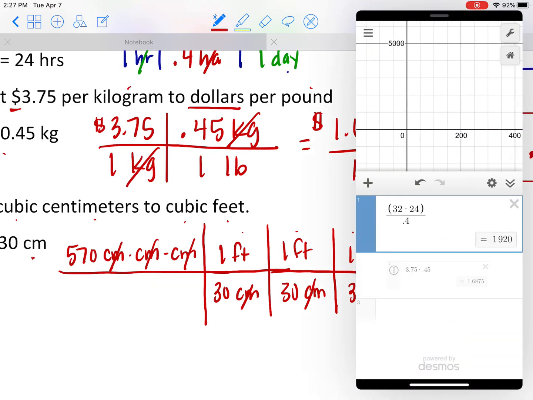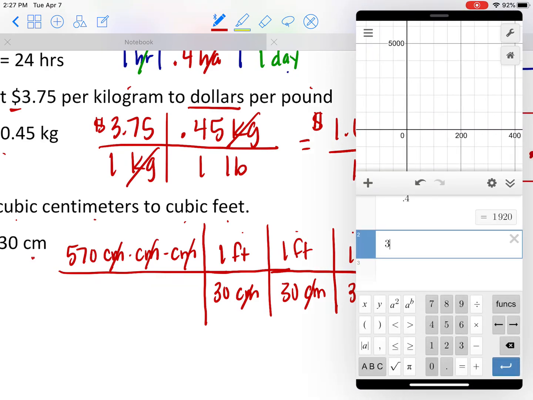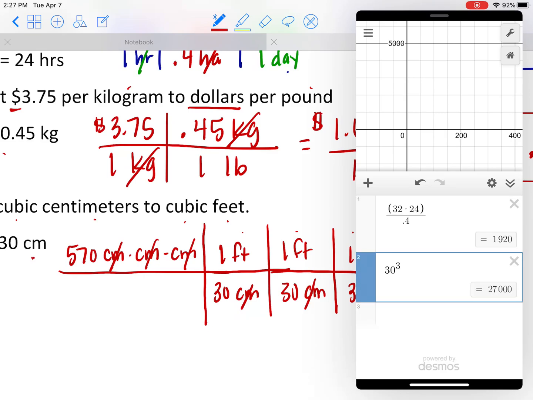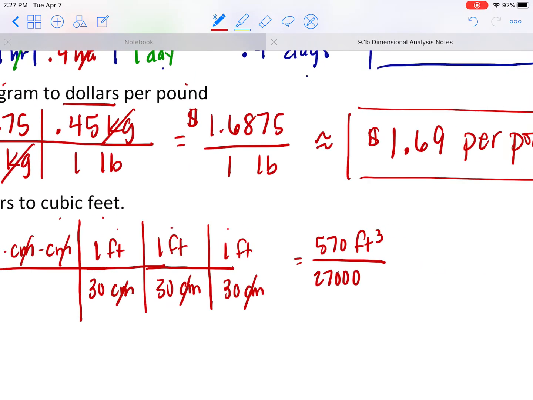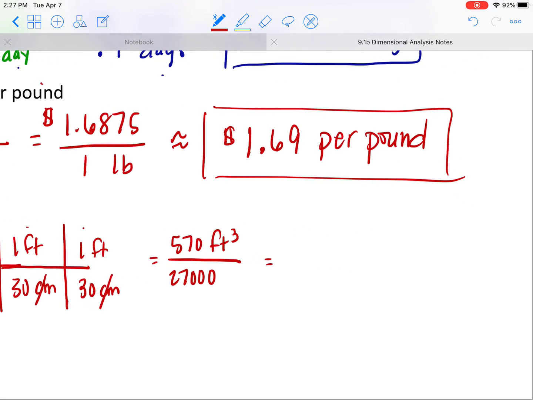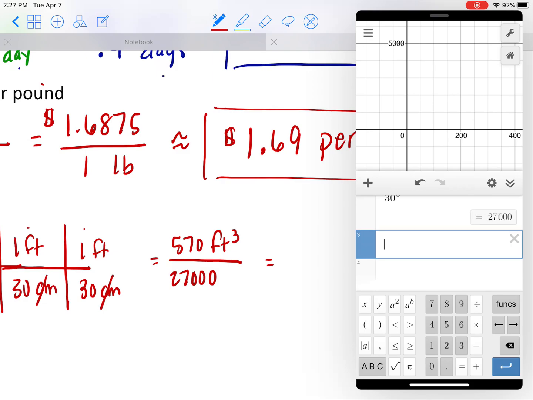And now what am I left with? 1, 2, 3, so that's feet cubed. Okay, so on the top of the fraction, 570 times 1 times 1 is 570, but now it's feet cubed. On the bottom, 30 times 30 times 30, 30 to the 3rd power is 27,000.